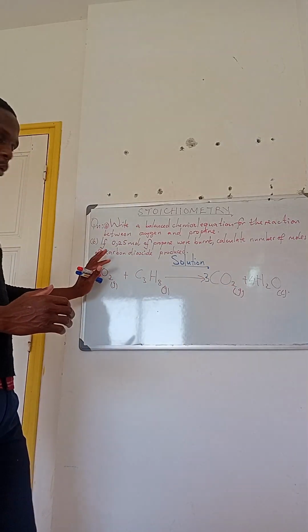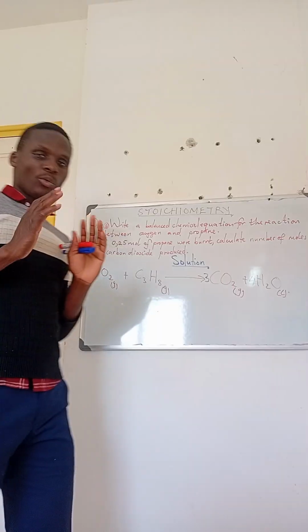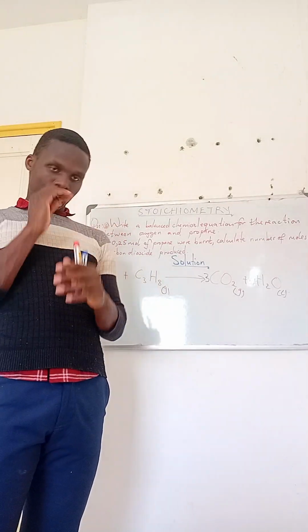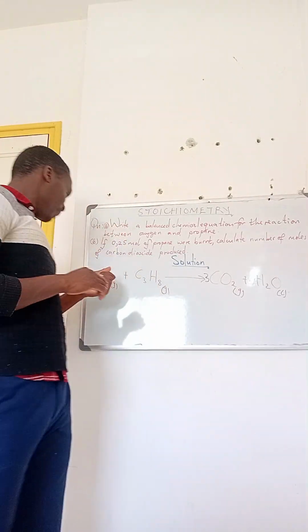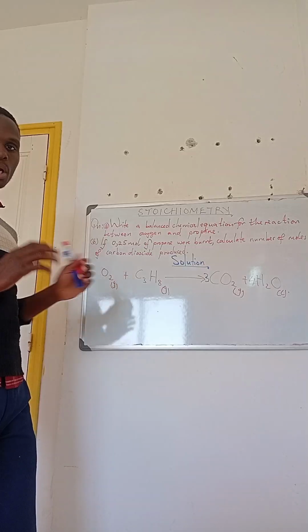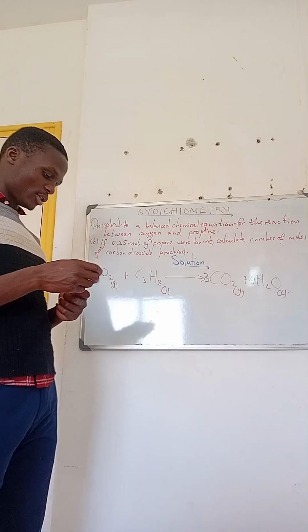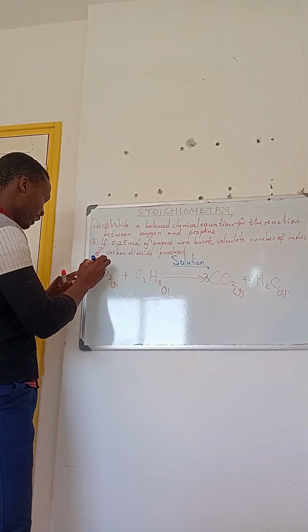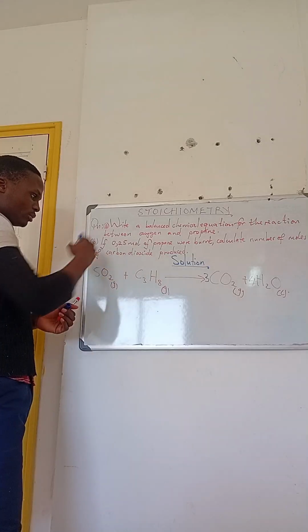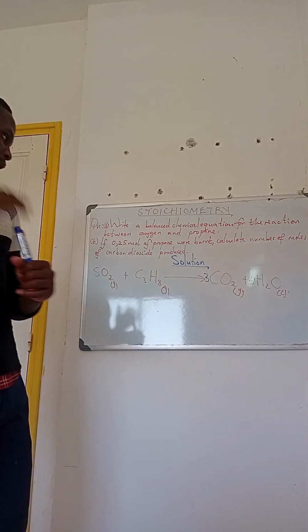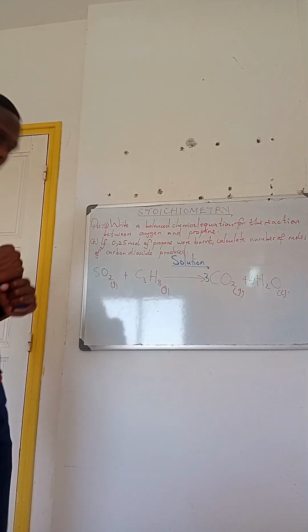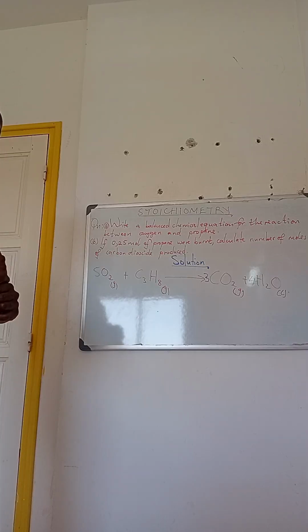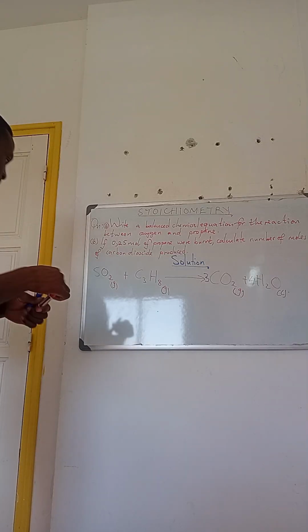On the left hand side, we must have 10 atoms of oxygen. But each molecule is carrying 2 atoms, so we multiply by 5, so that we have balanced the number of atoms on both sides. So that's it on part A.